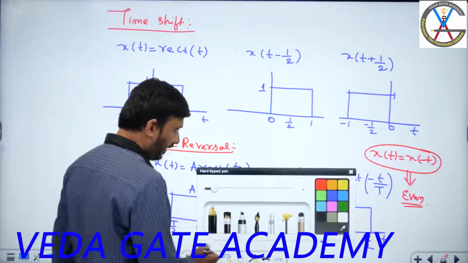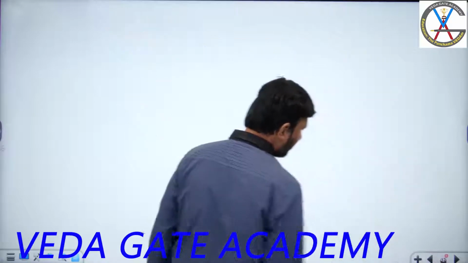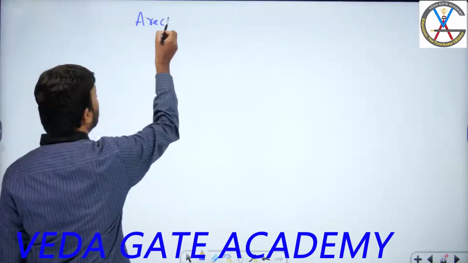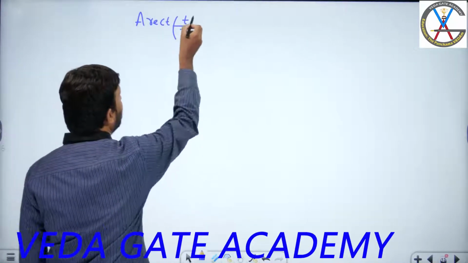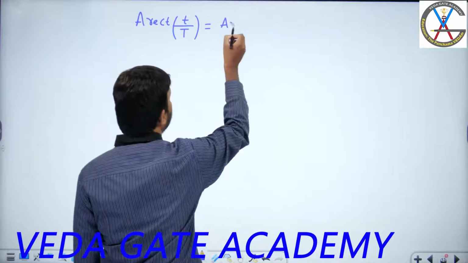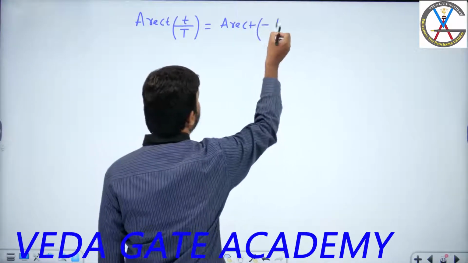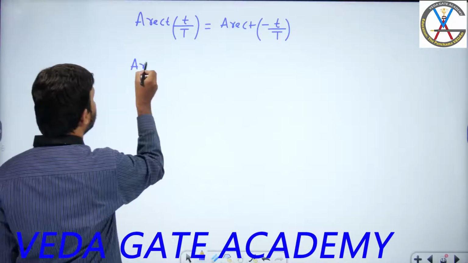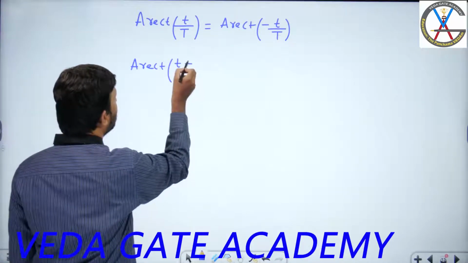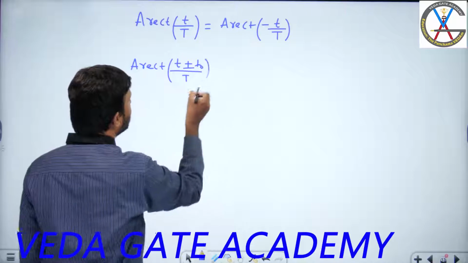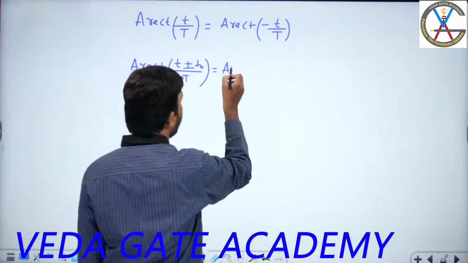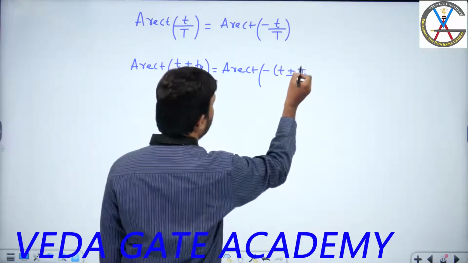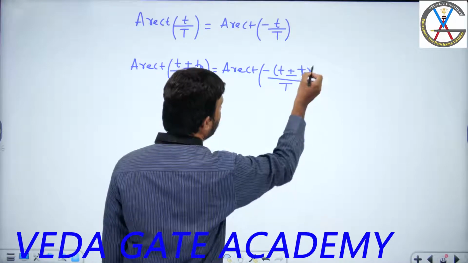Now, this will lead us to one more observation, that we found rect of t by capital T is the same as rect of minus t by capital T. Here if I replace t with t plus or minus t naught, rect of t plus or minus t naught by capital T will be equal to rect of minus of t plus or minus t naught by capital T. Can I write like this?